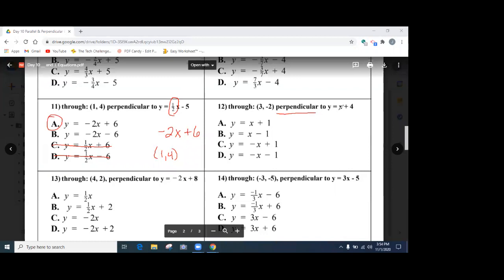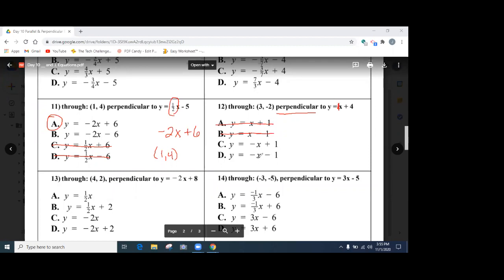Perpendicular. All right, this one's very tricky. It might actually be easier to focus in on what we know. First off, there's an understood 1 right here. And I know that the parallel slope would be 1. So when I look over here, it can't be A or B because those would be the same.